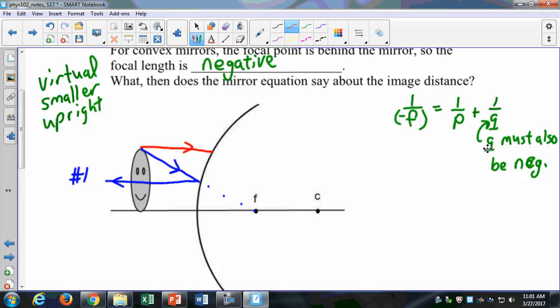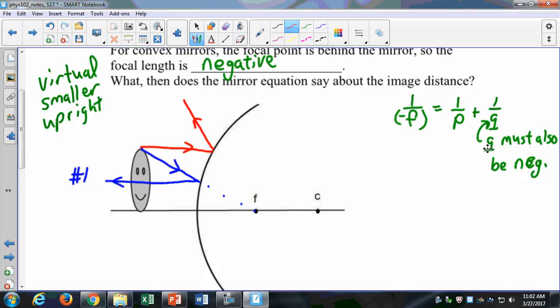That can also help you on the test, because you can look at the incident and reflected angles for the correct or incorrect rays and sort of gauge those that are just grossly wrong. So here, this one is going to reflect off of the mirror like this. Hold on, don't draw that yet, because there's more to it than just that.